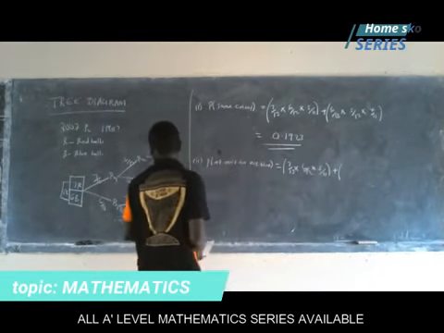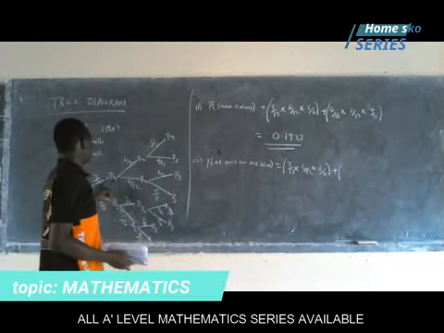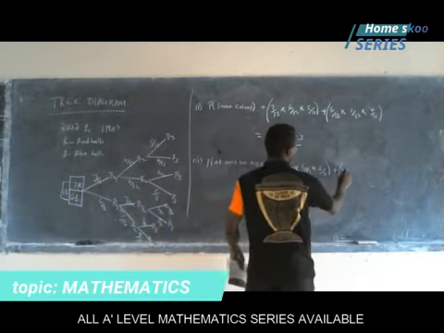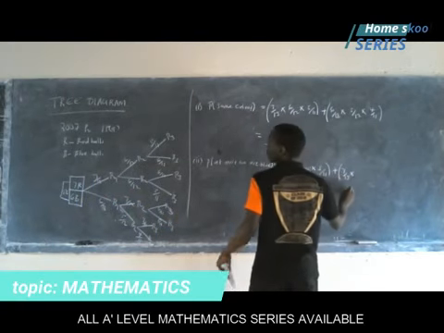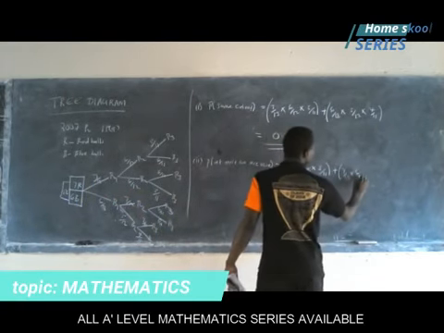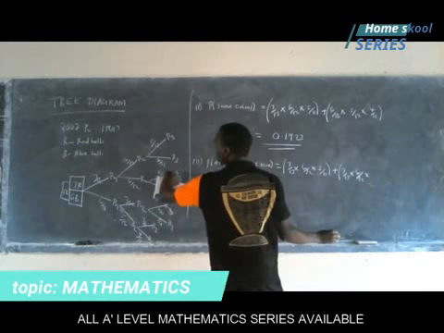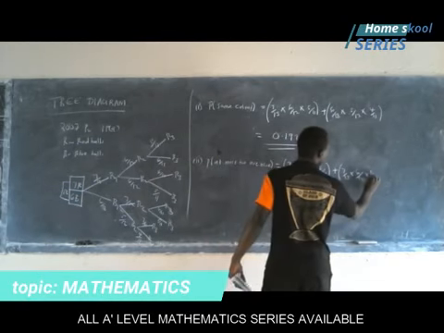Then getting 1 blue. 1 blue can be this, and then that, giving us 7 over 13 times 6 over 12 times 6 over 11.